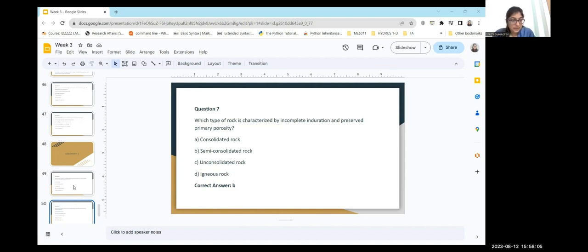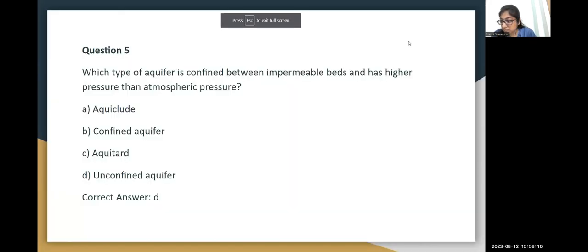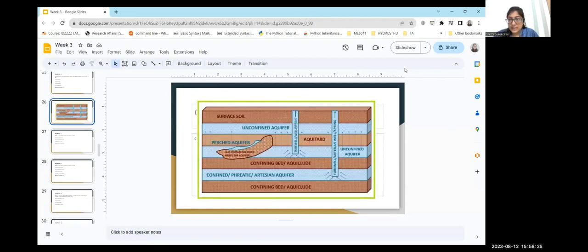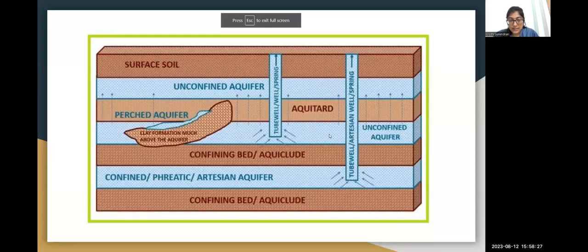So we were in the assignment 2 question discussion. Which type of aquifer is confined between impermeable beds and has higher pressure than atmospheric pressure? The answer is D. We had discussed geological formations in the last class. Aquifers are the geological formations capable of holding, transmitting and providing water abundantly.